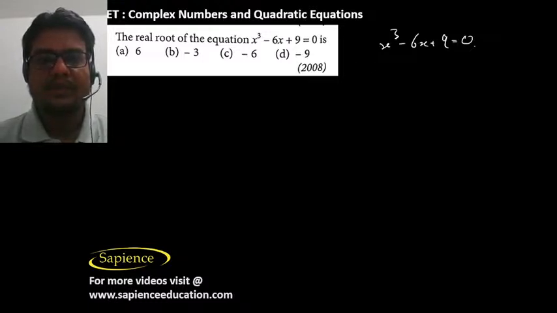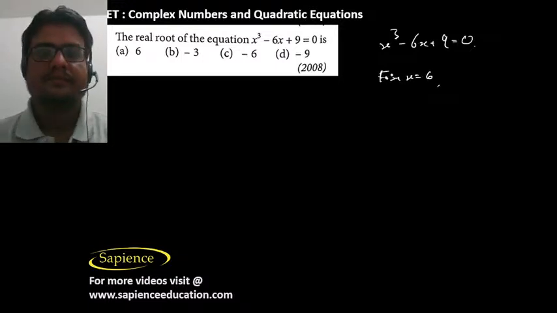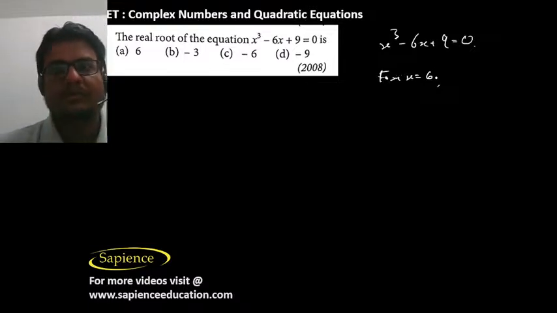So we can check the options. For x equal to 6, so actually x equal to minus 3 we can check.